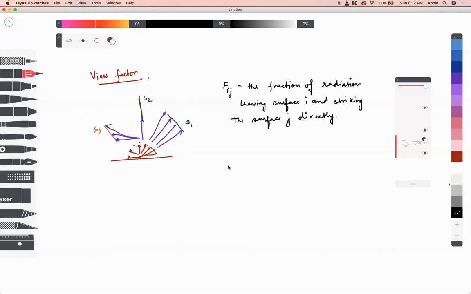Now let us take some standard cases into consideration with this particular concept of view factor. Let us take a flat surface initially, and radiation is coming out from the flat surface.